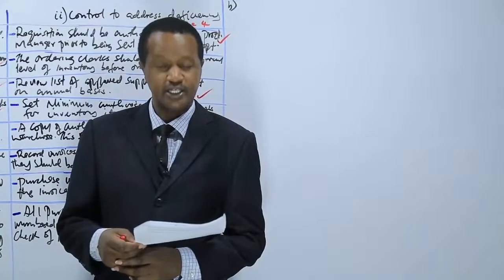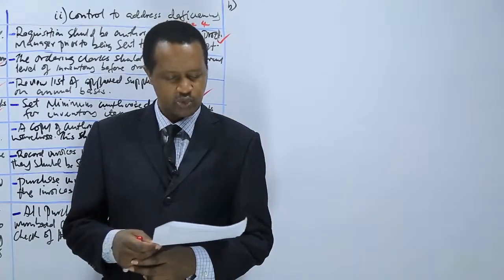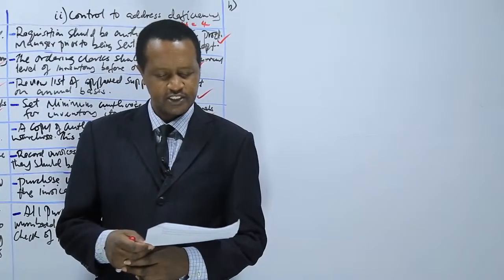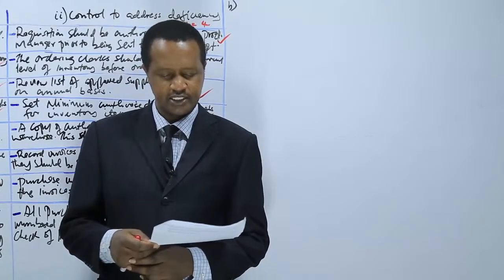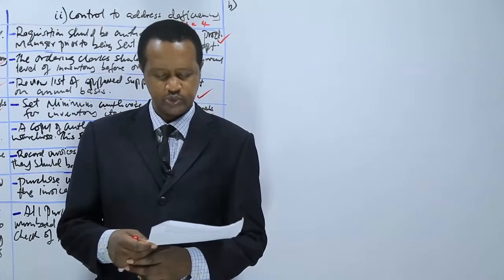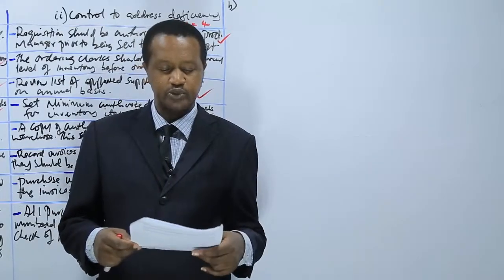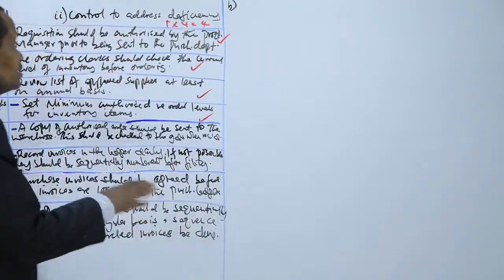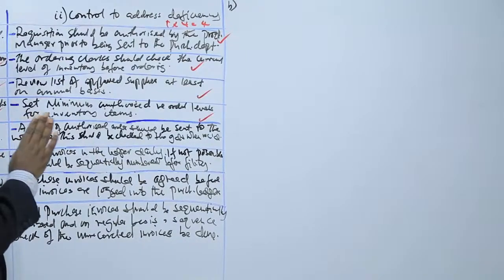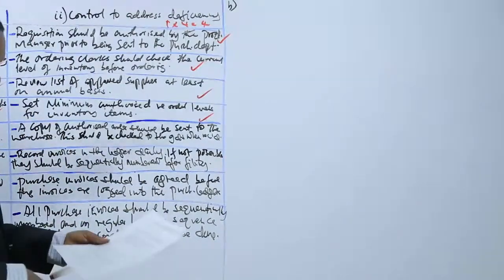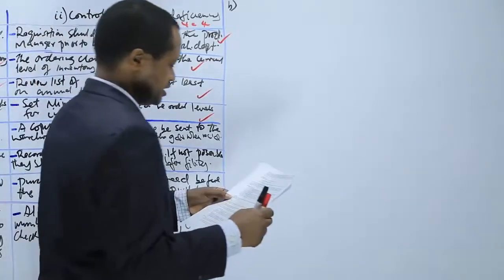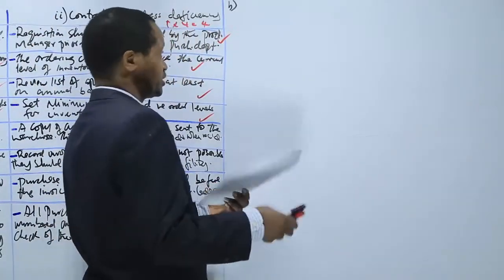So there are 2 parts in this question. One is to identify 4 corporate governance weaknesses, and 2 is to provide recommendation to address it. And just the same way we answered part A, we are going to answer part B. We have 2 columns. The first column will be for the corporate governance weaknesses.